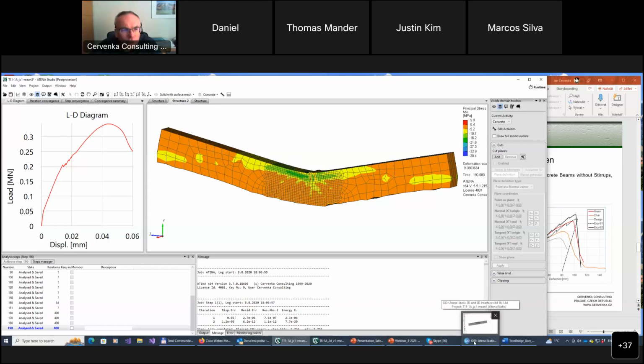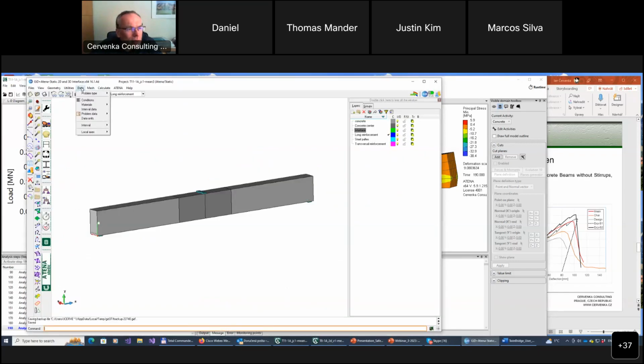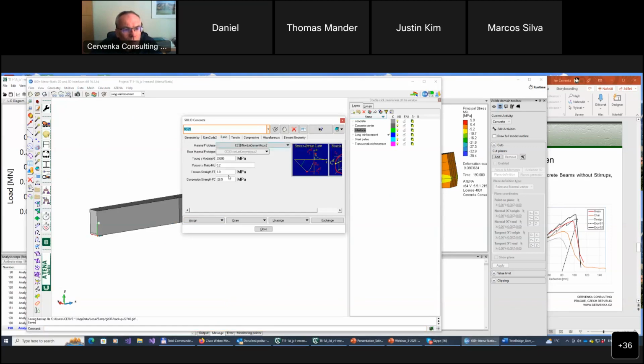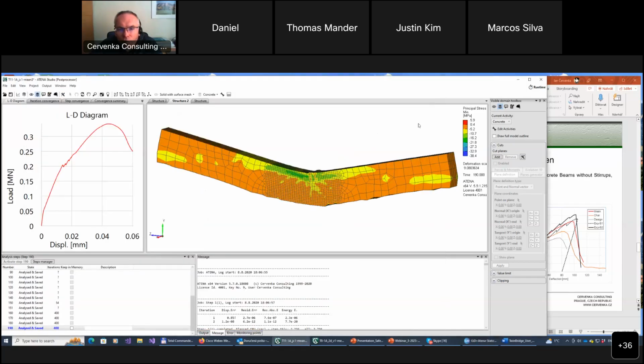I go back to the preprocessor and I will check the material definition here because I forgot it myself. You see the compressive strength here is 26, yes? So 27. So how come we have higher?